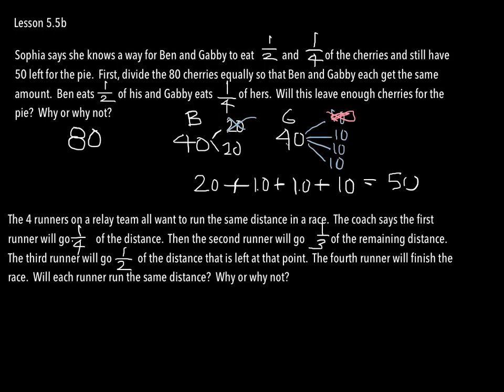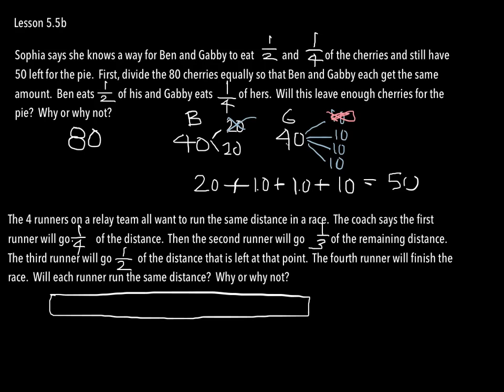Why or why not? Now, as we read this problem, we have 1, 2, 3 completely different fractions. And then we have the fourth runner, which we don't know the fraction whatsoever. So let's figure out, are they all running the same distance? First thing we're going to do, we're going to draw the race. They might be running a race in a circle or maybe in an oval, but we're just going to draw this race as a straight line.